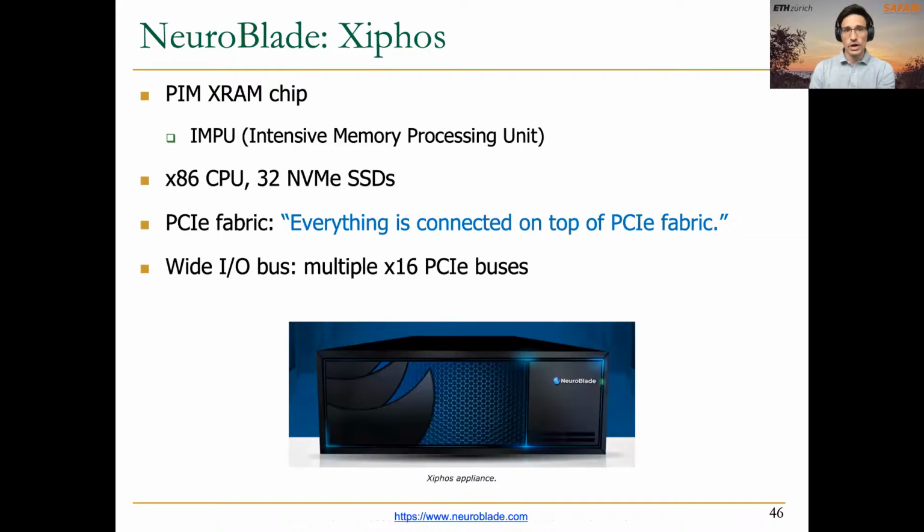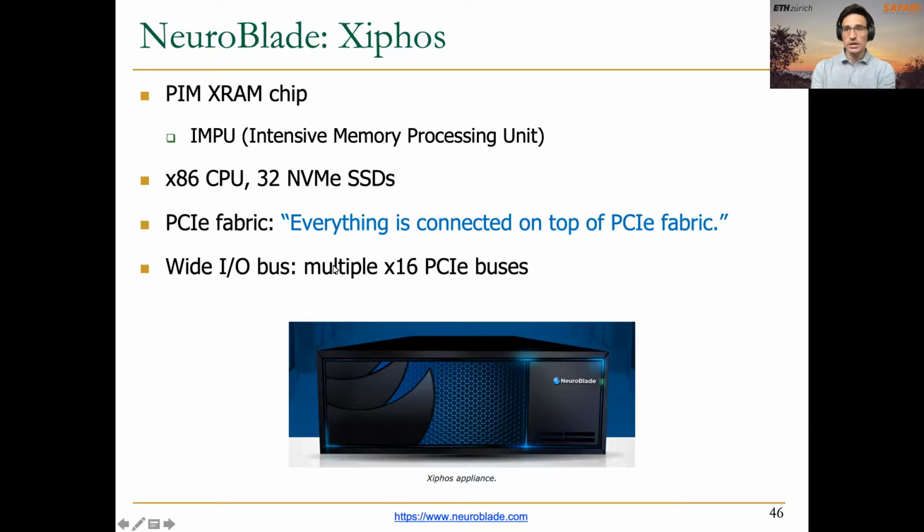As far as I could find on their website, they are commercializing this Xiphos appliance. It contains an x86 CPU and also SSDs, but more importantly, it has their PIM chips, which I assume have memory arrays and also processing elements that they call intensive memory processing units.